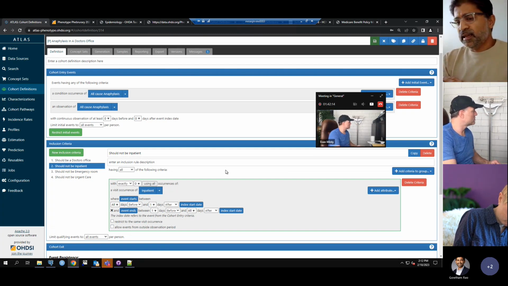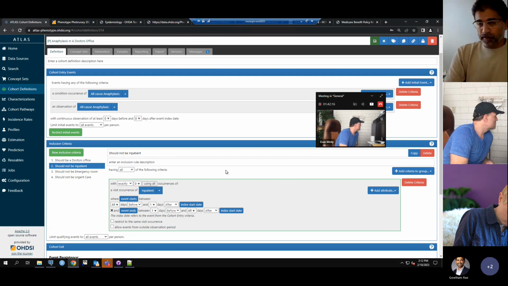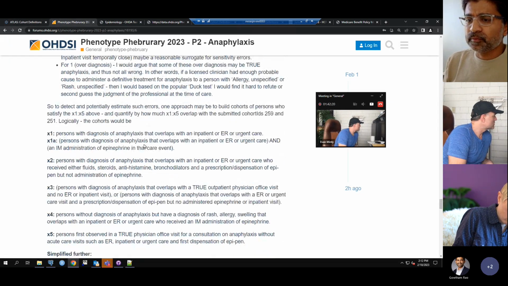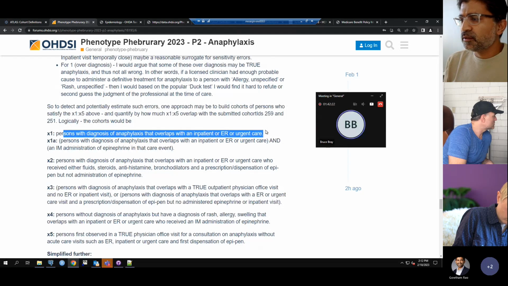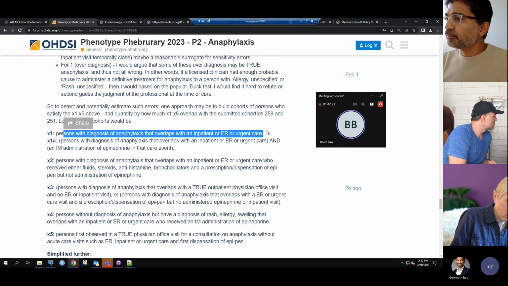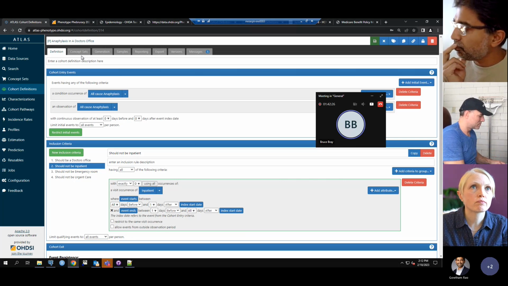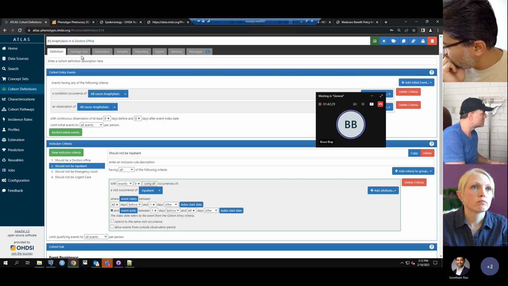Yeah. So the next set. Gowtham, sorry, since I hadn't followed this as closely, are there some hypotheses that generated the interest in this particular diagnosis?